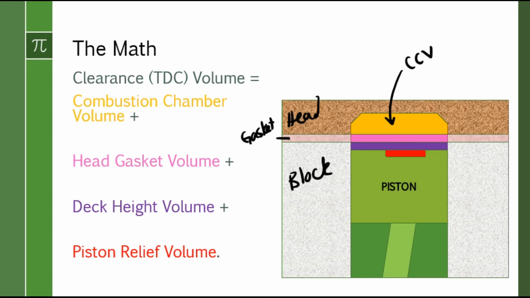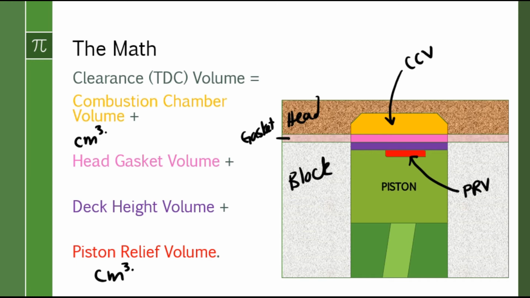Now, this will usually be given to you in cubic centimeters, so you don't have to do a lot of work. The other one that's going to be given to you in cubic centimeters is the piston relief volume. Most likely given to you in cubic centimeters. These are because they're not shapes that we can calculate.